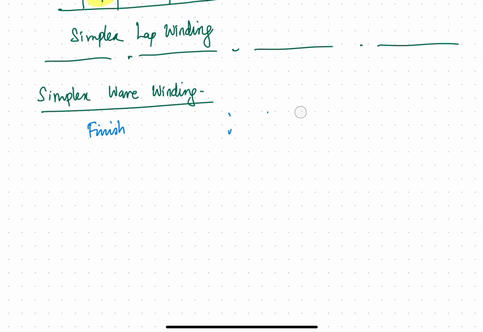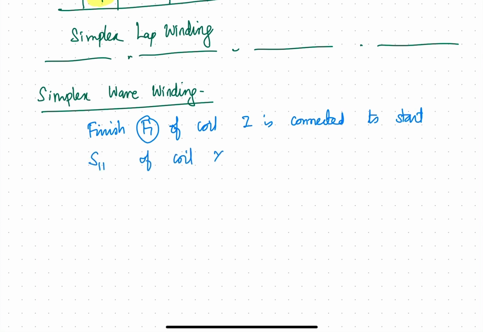Let's not call this finish coil. Let's call this finish F1 of coil 1 is connected to start S11 of coil 11.